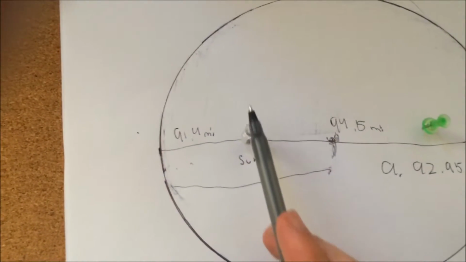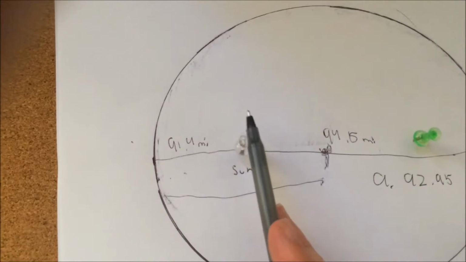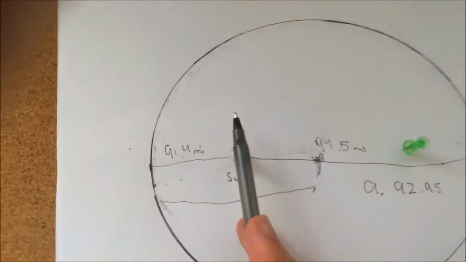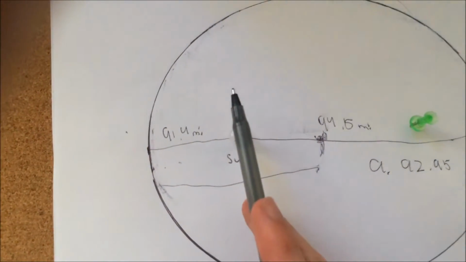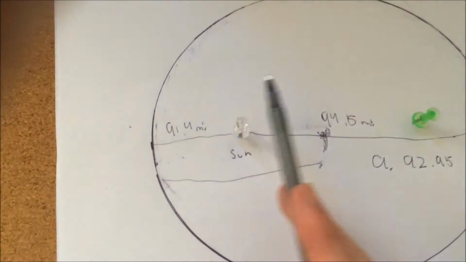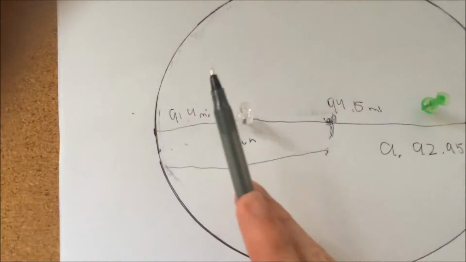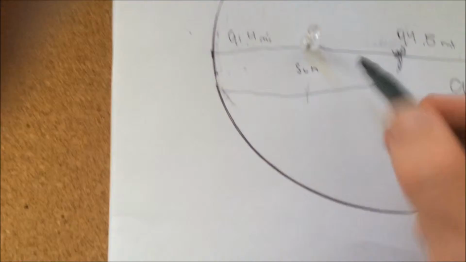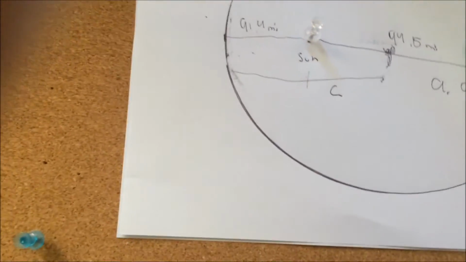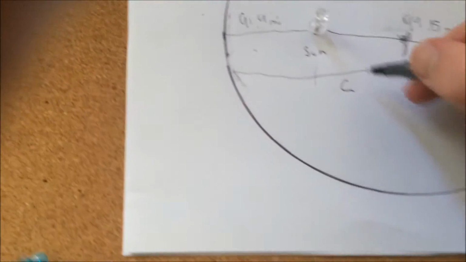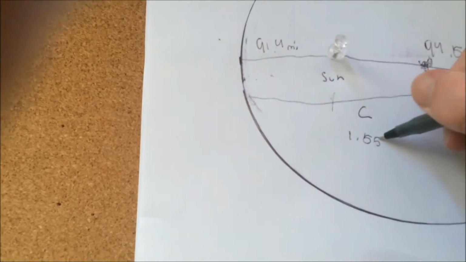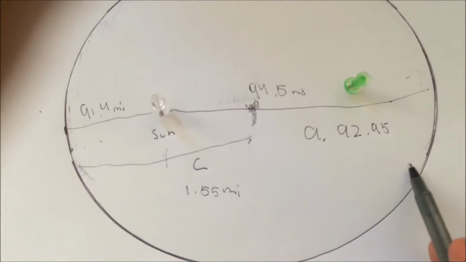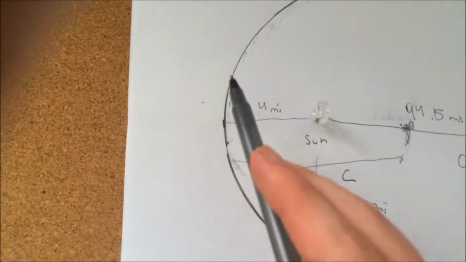So we remove the perihelion from our semi-major axis, and we are left only with the distance between the center and our Sun, or our focus. This is our C value. We find this to be 1.55 million miles by subtracting 92.95 and 91.4.